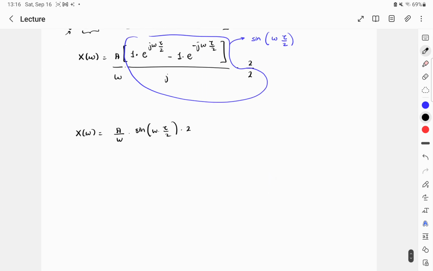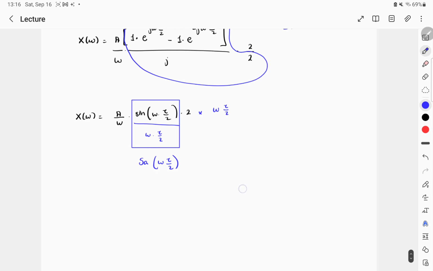We just want to show it in a simpler form. That's why we multiply it with, let me show it in blue so that we can understand the difference, omega tau over 2, and then we also divide by omega times tau over 2, and this one can be shown as sinc of omega tau over 2. It's a new way of showing it.